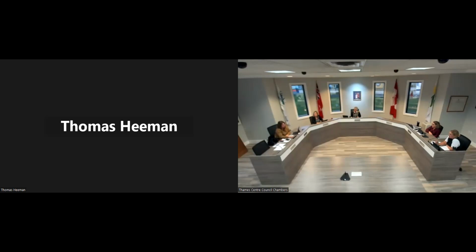Deputy Mayor Smyber? Just if I could make a comment, I guess. This is kind of unique, right? We're kind of in between the official plan that was approved by the previous council, and this zoning bylaw that implements that official plan.